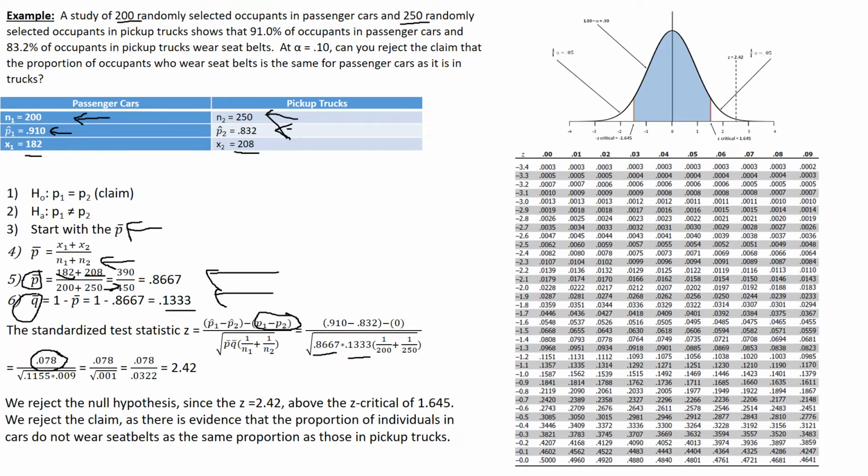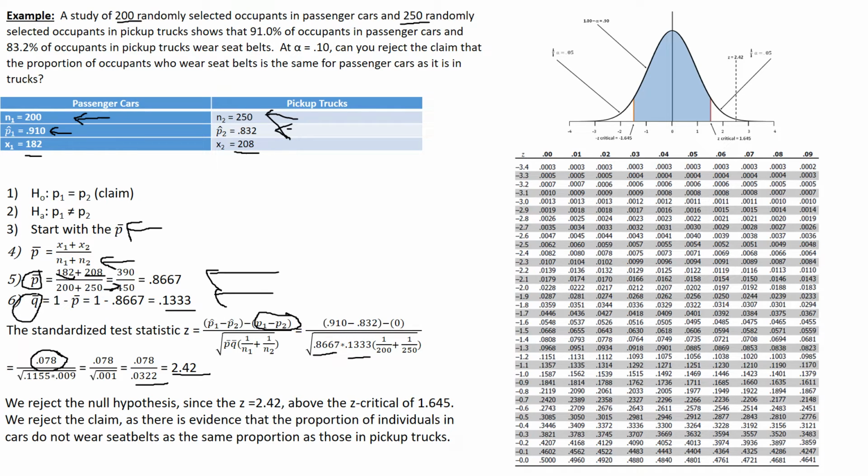When I multiply this all out, 0.8667 times 0.1333 is 0.1155, times 1 over 200 plus 1 over 250, a very small number, 0.009, I get 0.001. The square root of that is 0.322. So 0.078 over 0.322 is 2.42. So that is our z.